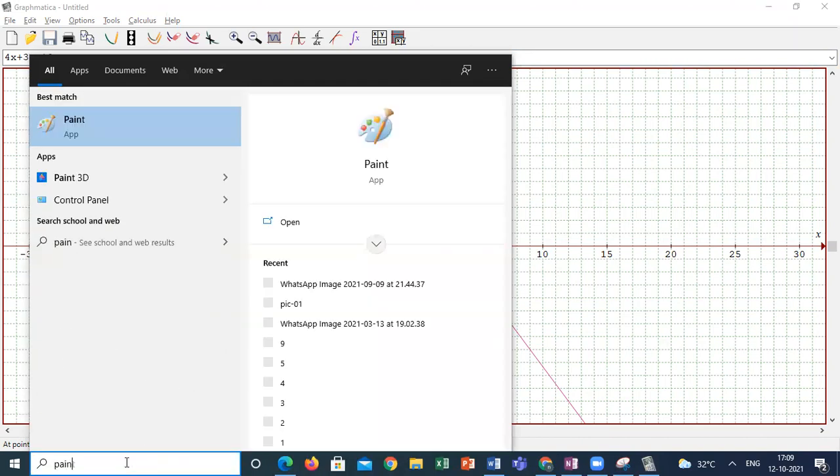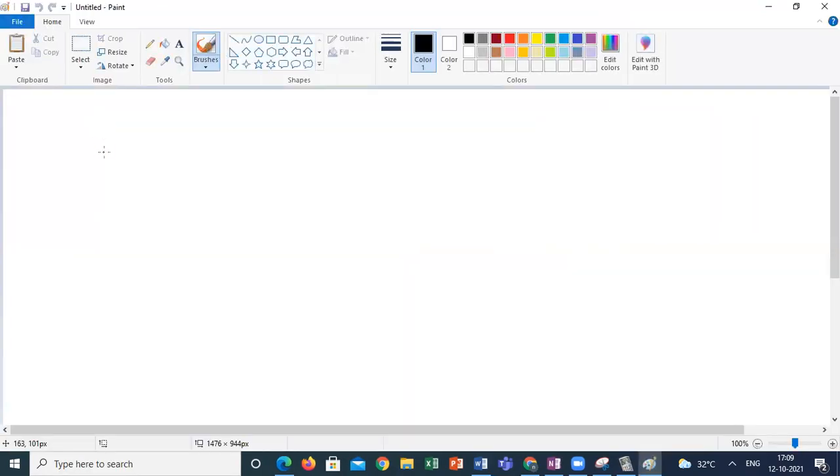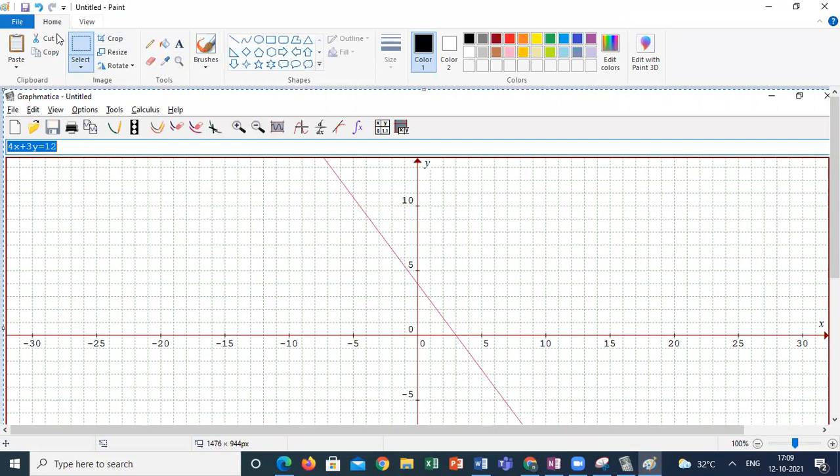Sir, even I'm getting +8. Yeah, let's see. This is the graph we got. What are the answers we got? (8, 0) is one answer. Am I right? Yes, sir.